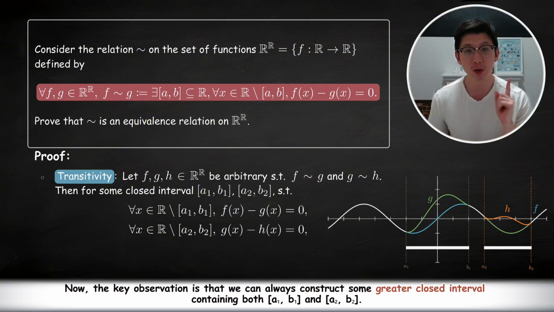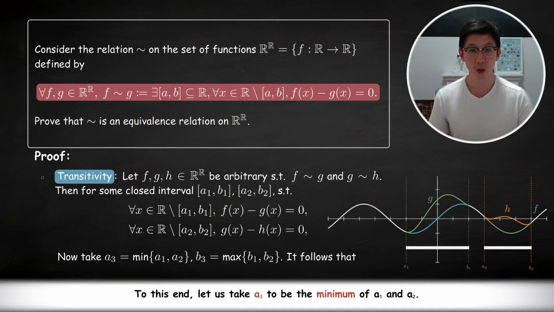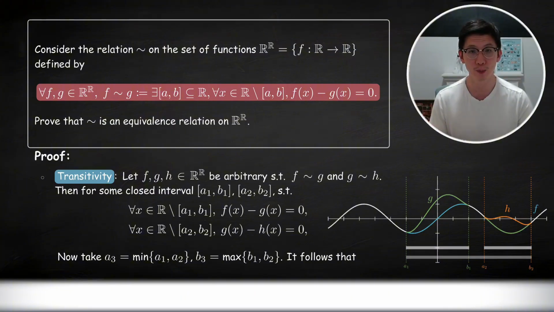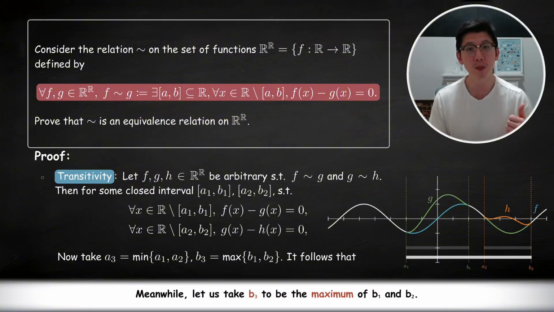Now, the key observation is that we can always construct some greater closed interval containing both [a1, b1] and [a2, b2]. To this end, let us take a3 to be the minimum of a1 and a2. Meanwhile, let us take b3 to be the maximum of b1 and b2.